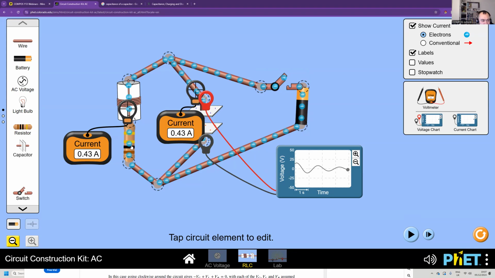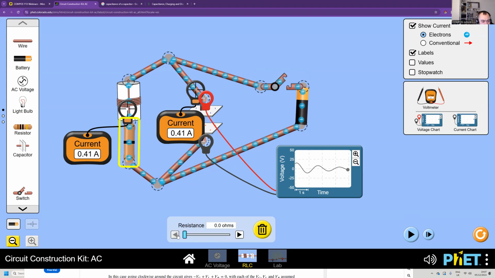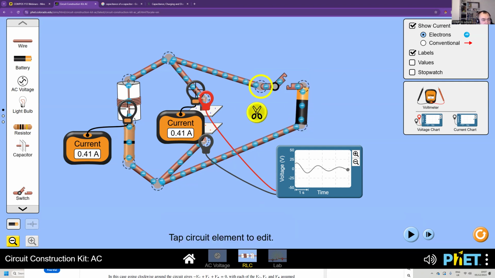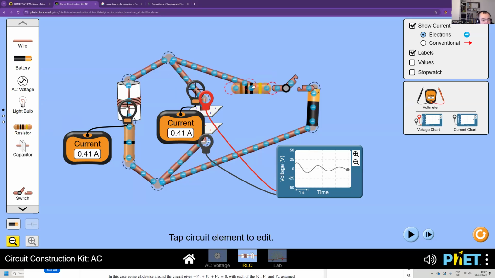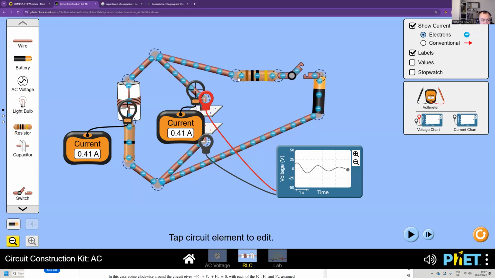But in your example, the resistance of the battery is going to be 0, so you have a slightly different scenario.